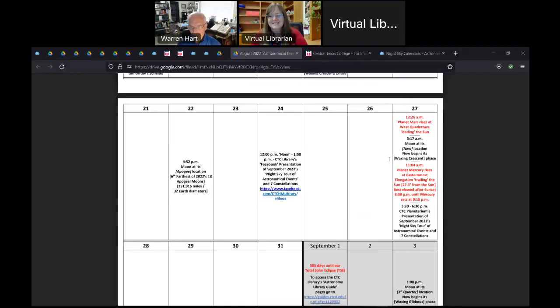And then notice the next thing: at 3:17 in the morning, the moon is at what is called the new moon phase. I put it there because that is the orientation astronomers use for designating the beginning of each orbit of the moon as it goes around Earth.